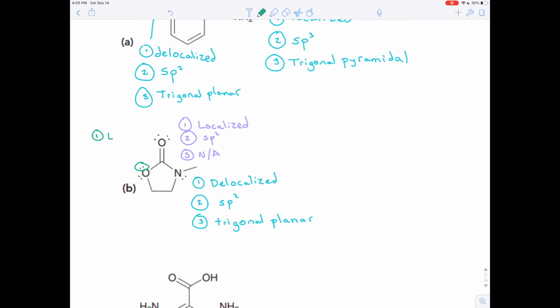So it will be delocalized because it's associated with a resonance pattern. If it's delocalized, it has to be in a p orbital that's parallel with the p orbitals in this pi bond.